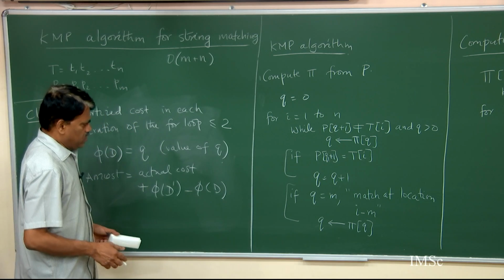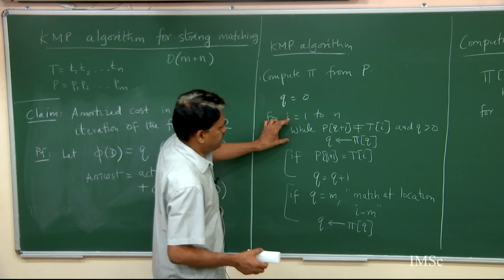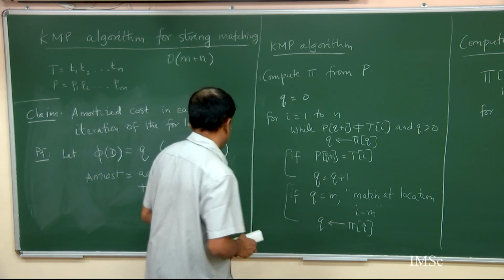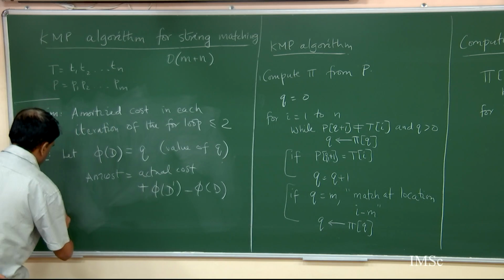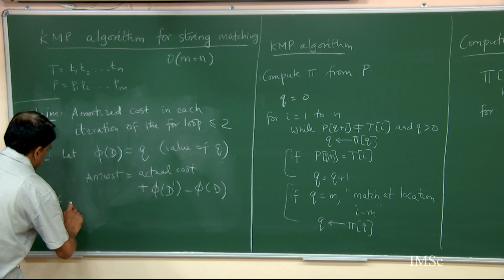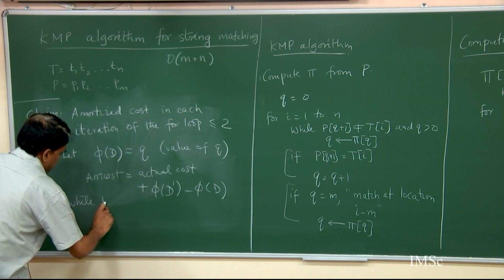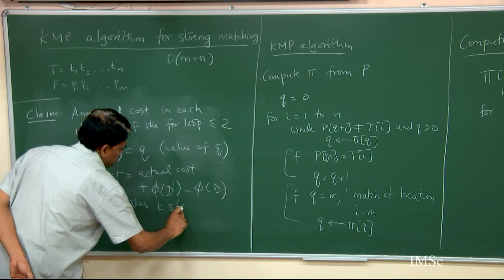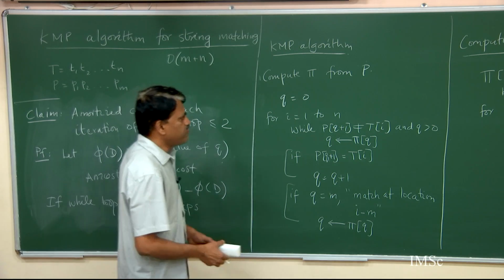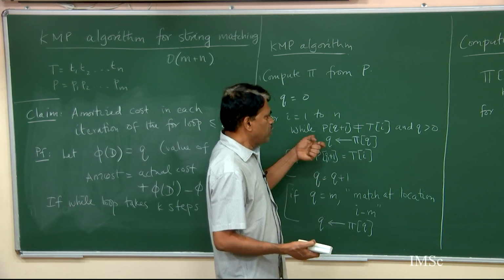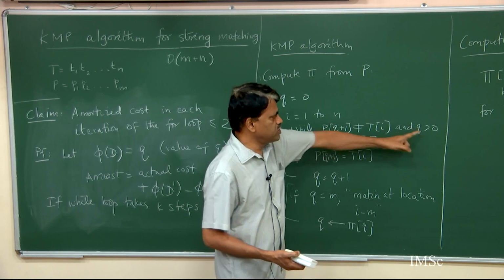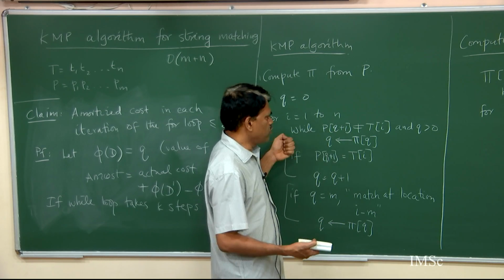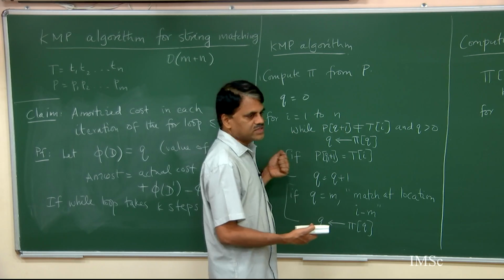So, now the interesting step is here. Suppose the while loop takes some k steps, right. Then at every point q decreases, after one execution of the while loop q comes down at least by 1. So, if you do k steps, q comes down by at least k.